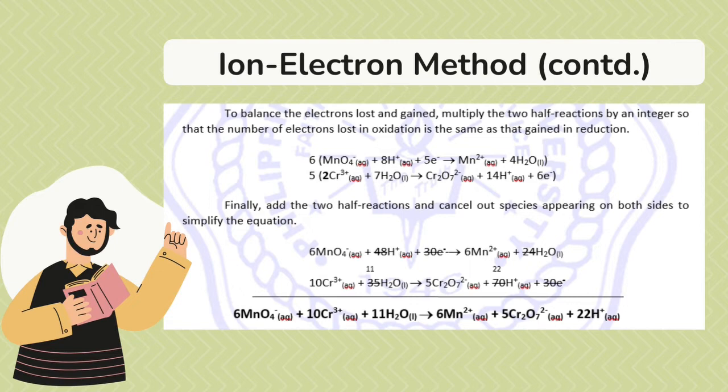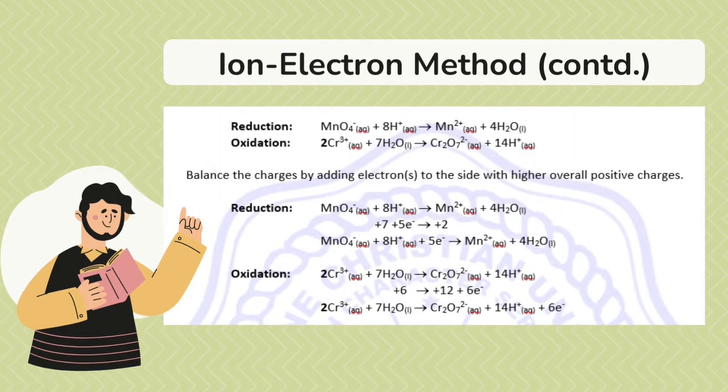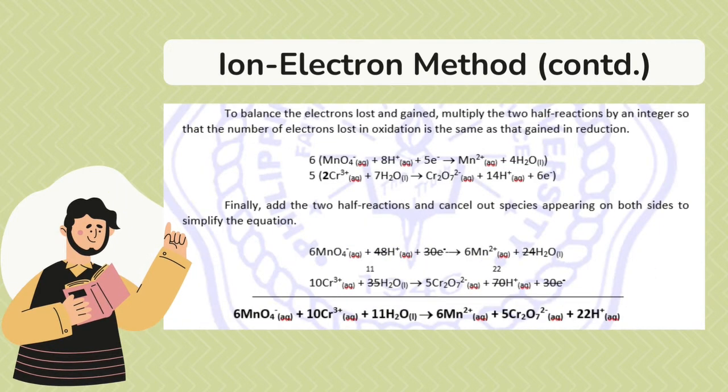So as you can see in here, on the reduction side we're going to multiply by 6, and on the oxidation reaction we're going to multiply by 5.